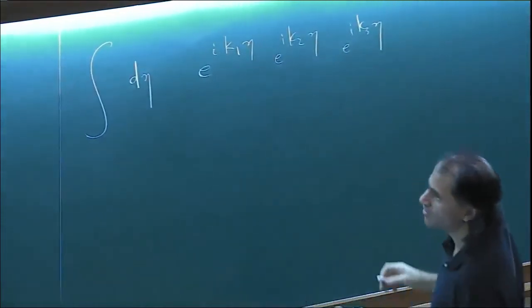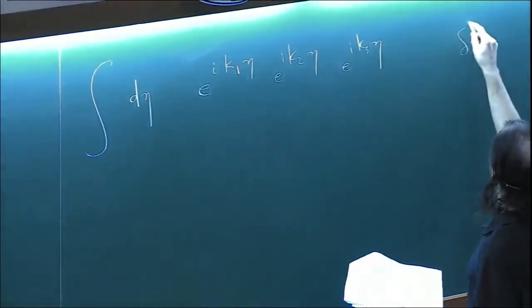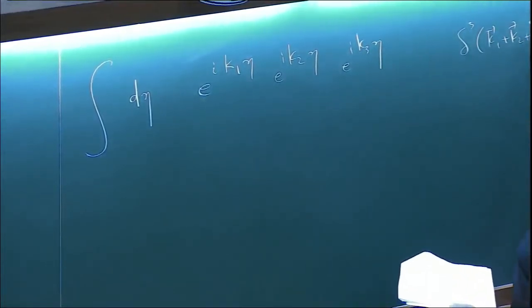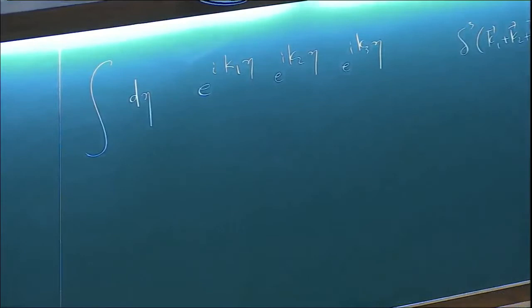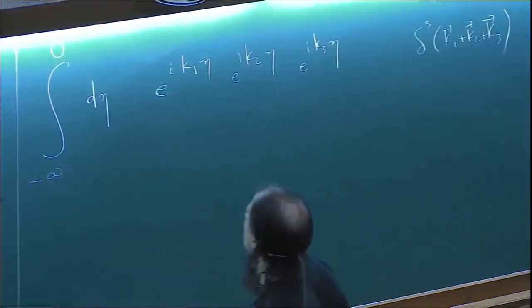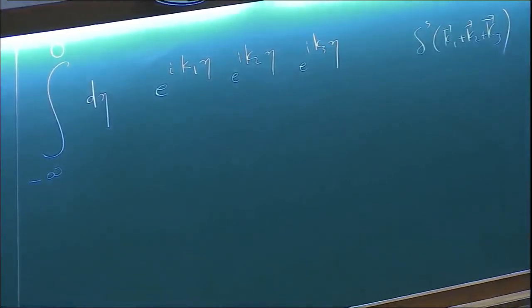I've immediately gone to momentum space, so there will be some overall delta cubed k1 plus k2 plus k3 for the vectors that I'm not going to keep writing down again and again. And the integral is from minus infinity to 0.